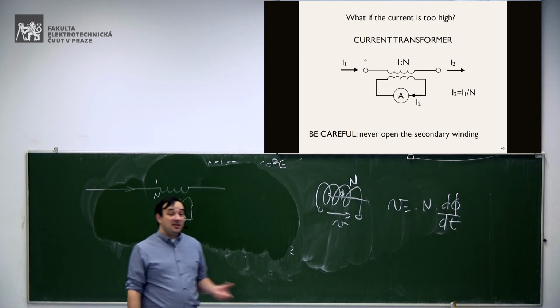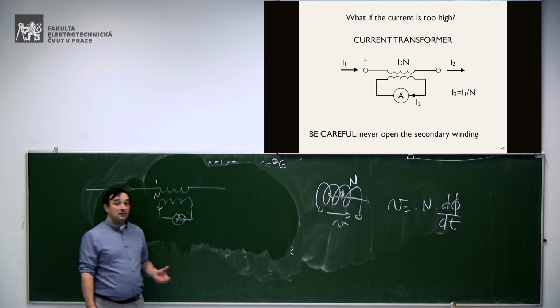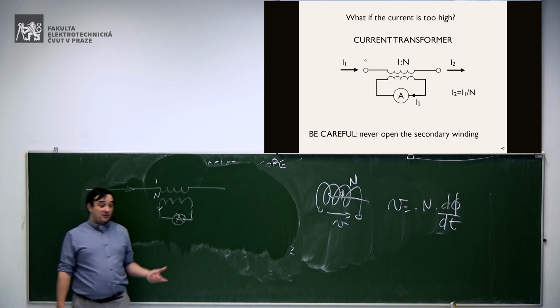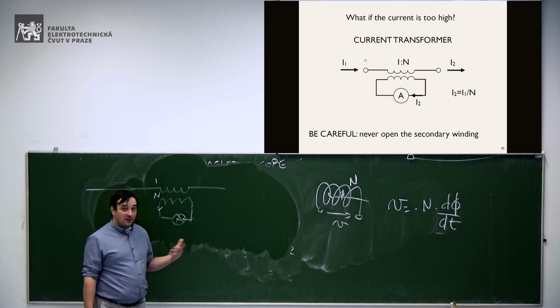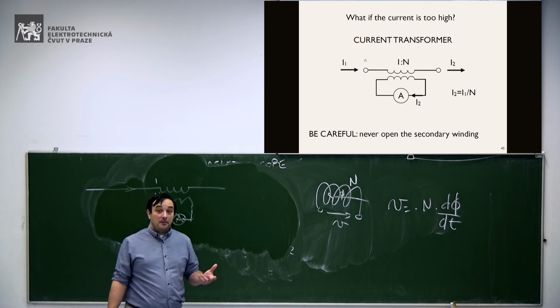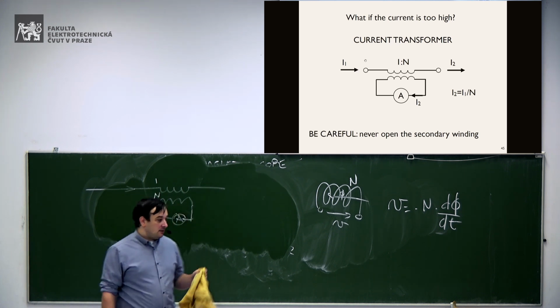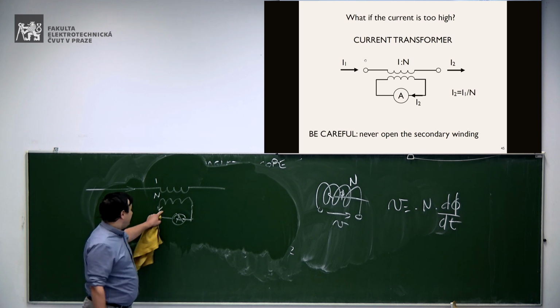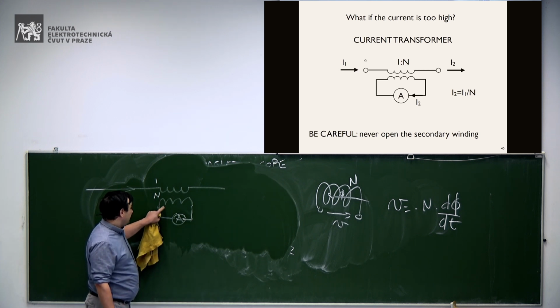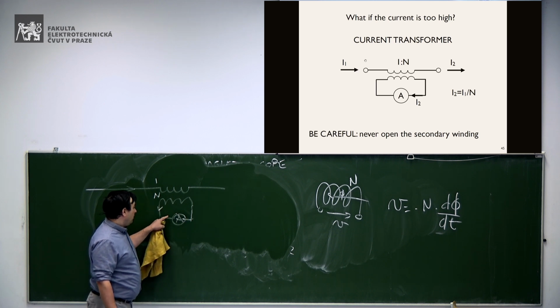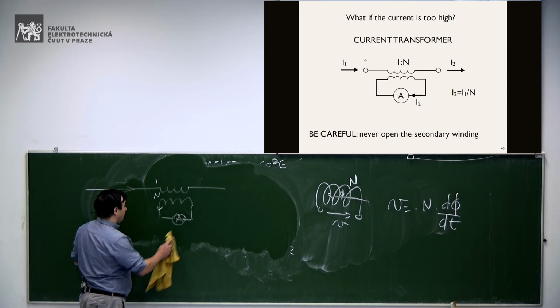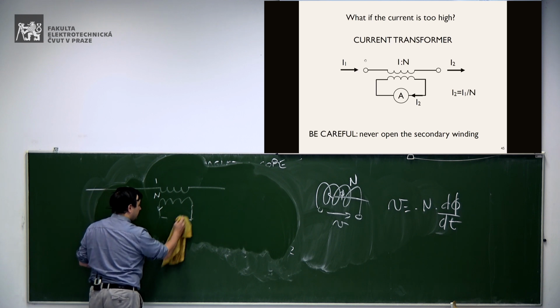We said that the ammeter is equivalent to a short circuit. So that resistor, for instance, that we used before, must be a very small resistor, okay? So this means that here the secondary coil of the transformer will be short-circuited, okay?